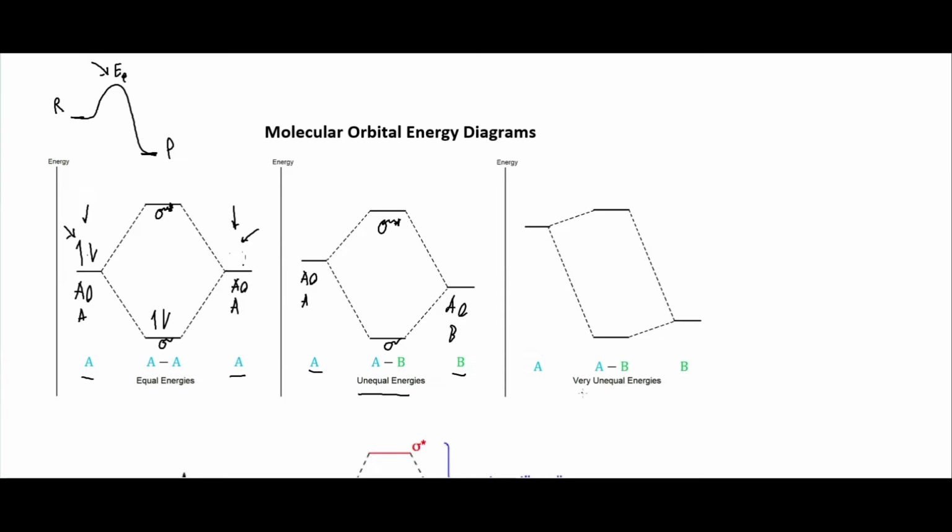And then we can get into very unequal energies here, where we have the atomic orbital for B and the atomic orbital for A. They come together and form the molecular orbitals here. And so if these energies get far enough away, you're going to have very little overlap with them, because remember, that's one of the things that we have to have if we want a bond to form, is that the energies have to be close enough together.